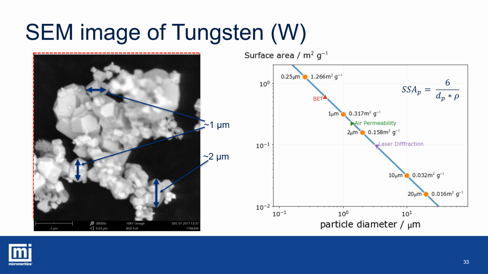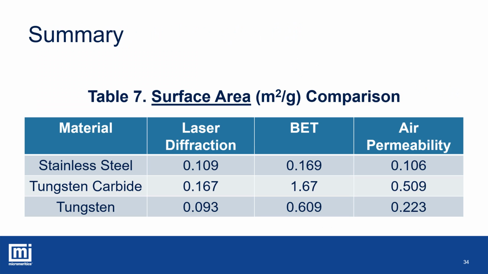Summarizing all the surface area data for the 3 techniques and the 3 materials in one place, we can see that the laser diffraction and air permeability kind of agreed with each other when it came to spherical particles that were relatively large in size. BET also agreed to some extent. However, BET seems to be more sensitive to surface area because of the gas adsorption technique that it uses.